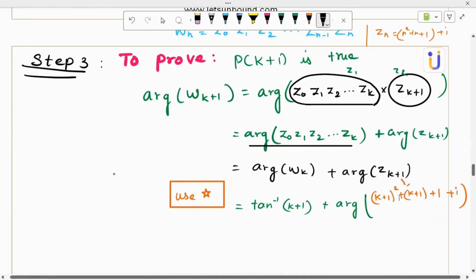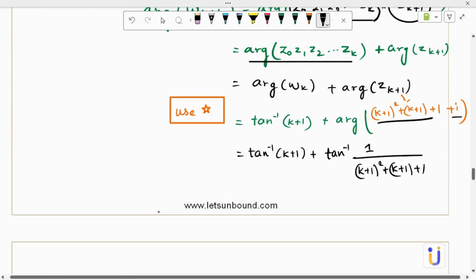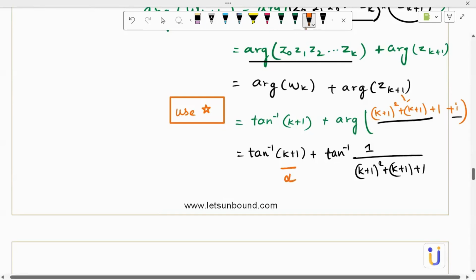This is tan inverse k plus 1 plus, this is the real part and this is the imaginary part. The argument of a complex number is tan inverse of the imaginary part, which is 1, divided by the real part, k plus 1 whole square plus k plus 1 plus 1. Now it is in the form tan inverse A plus tan inverse of this stuff, which can be considered as B.